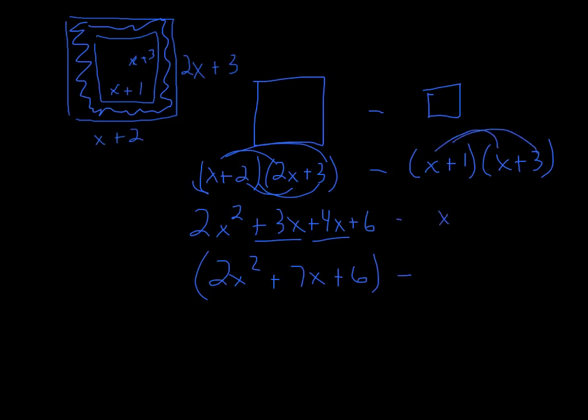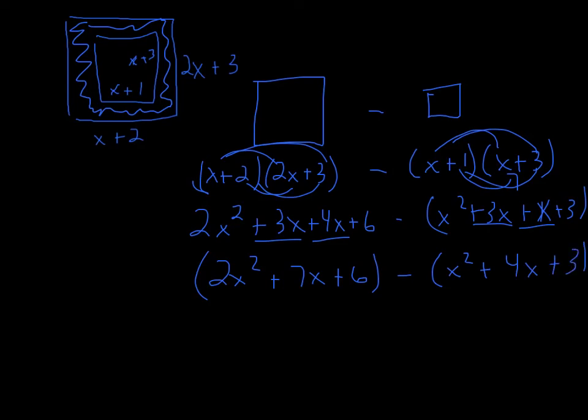So we have x squared plus 3x plus x, and then plus 3. Then we combine like terms, so we end up with x squared plus 4x plus 3.